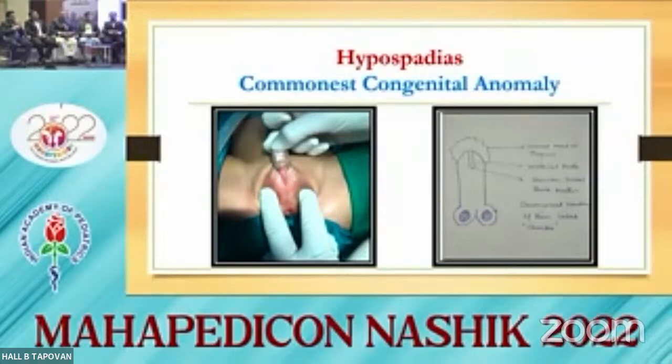The ideal age for surgery is around 1 year of age. That is the commonest, but most of them present at 3, 4, or 5 years. That also can be done, but the ideal age is 1 year. Basically, before the child starts attending school at 3 years of age, because there may be problems and 1 or 2 sittings may be required.